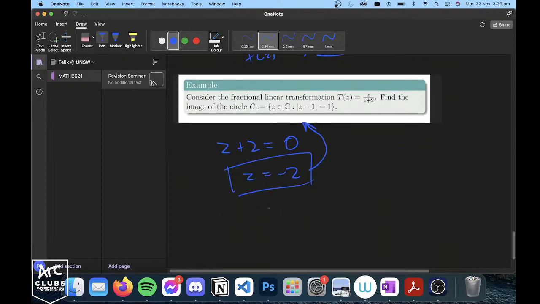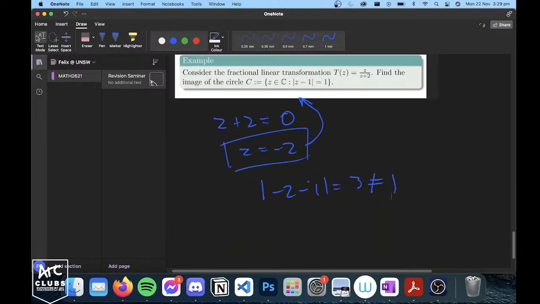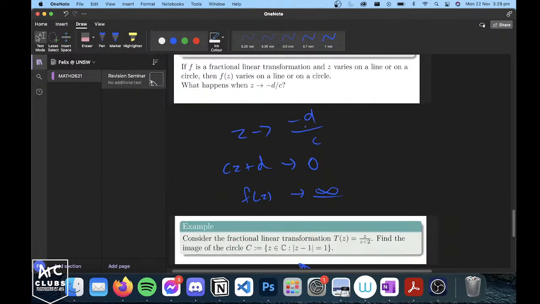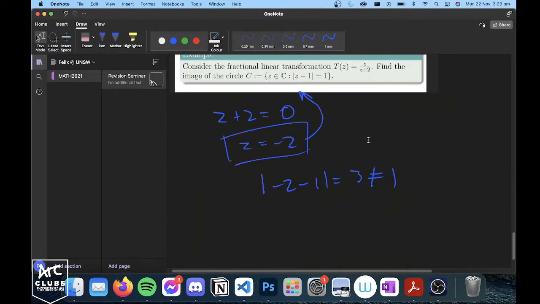Well, quite clearly it's not, because if we sub in z equals minus 2, we get the modulus of minus 2 minus 1, which is the modulus of minus 3, which is just 3, which is not equal to 1. And so it's not a part of the circle, which is a good thing, because we know that a circle always maps onto a line or a circle, but in this case it only maps onto a circle because of the theorem before, and minus 2 is not contained within that circle.